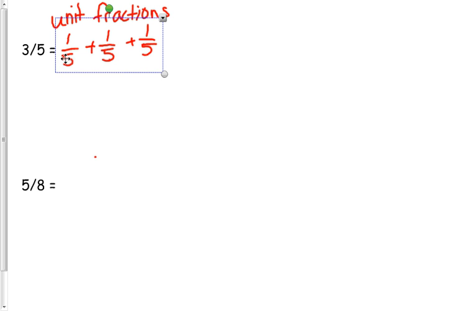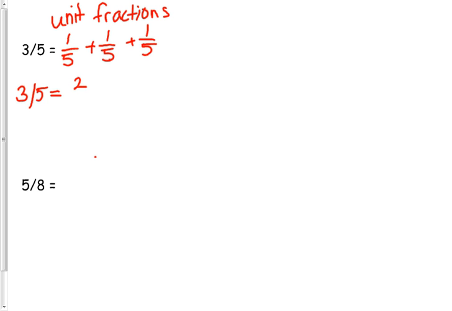Now we can take a look at this same 3/5 and write it in another way. So I'm noticing I have 3/5 still. But you know what? I can combine two of my unit fractions because I know 1/5 plus 1/5 equals 2/5.